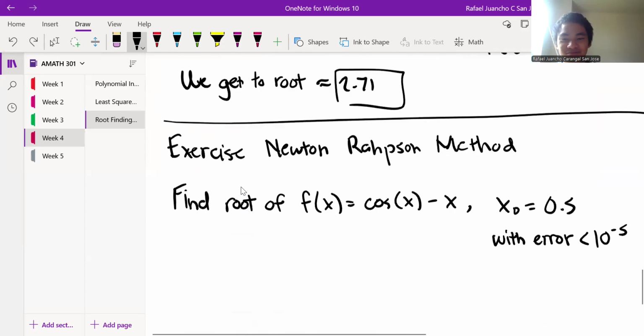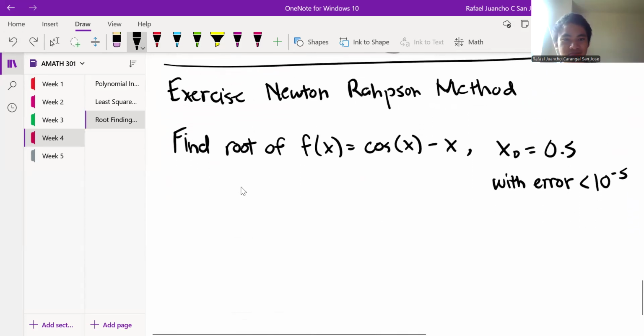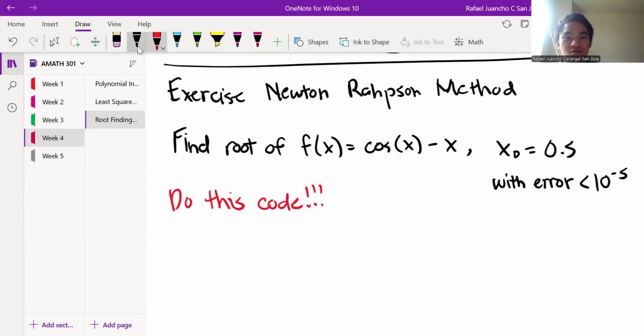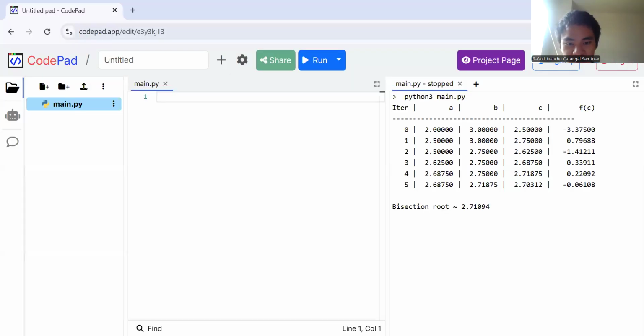What I'm going to do is this in code, because it's annoying. Okay, let's do this in code. I'm basically going to use the Newton-Raphson method.